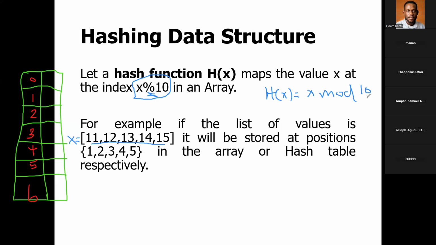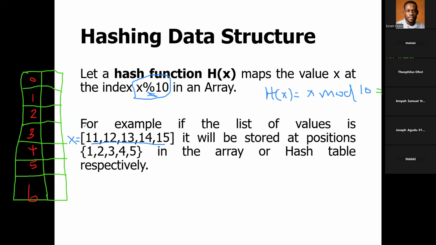Okay, so mod 10. What it means is that we have to pass our value x through our h of x. Whatever result we get, we are going to push that result into our array based on the index of the table, of our array or our list.